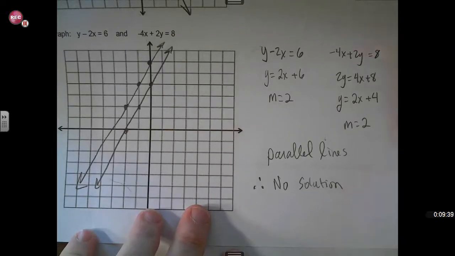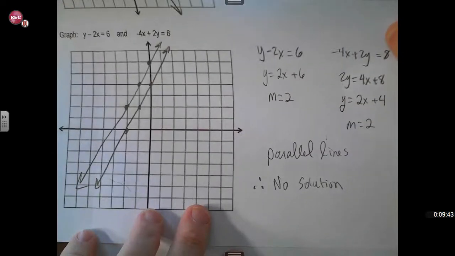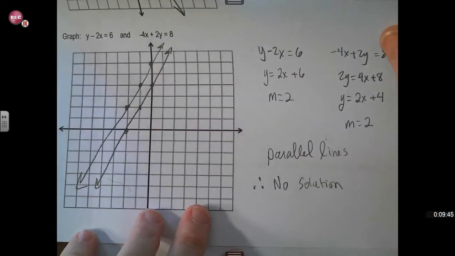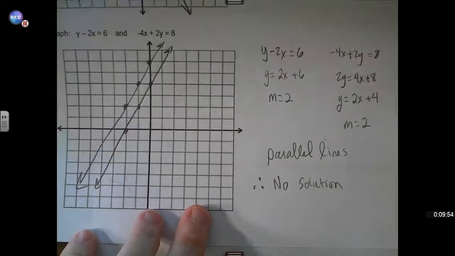So any of those things are possible. And that's why we cover the graphing method, really. Not because it's a good method for solving systems of equations. It's not a good method for solving systems of equations. But it does help us see graphically the 3 things that can happen. Okay.